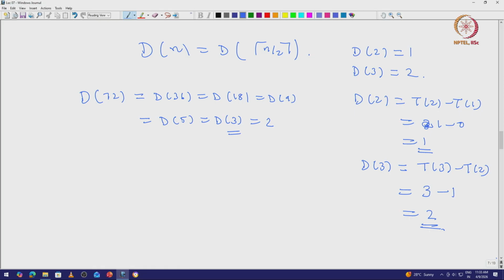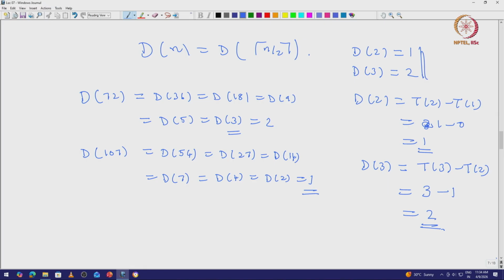Okay? But if you consider, let us say, D of 107, that is equal to D of 54, that is equal to D of 27, that is equal to D of 14, that is equal to D of 7, that is equal to D of 4, that is equal to D of 2, that is equal to 1 because D of 2 is 1.